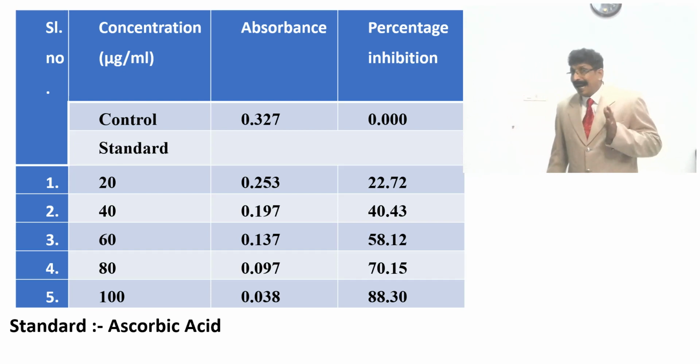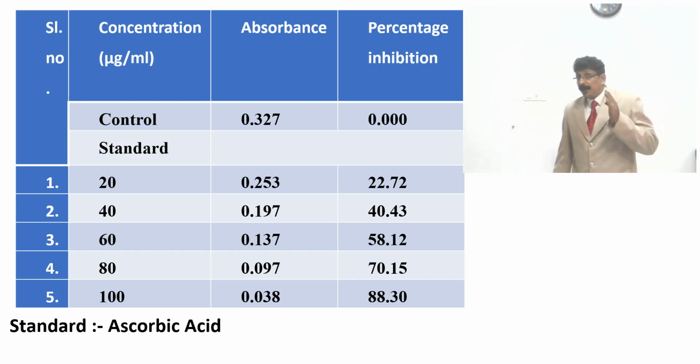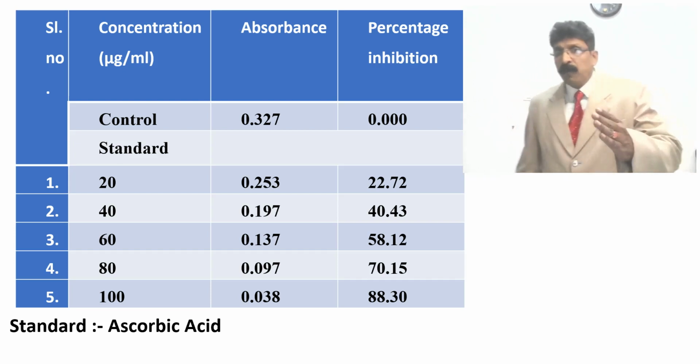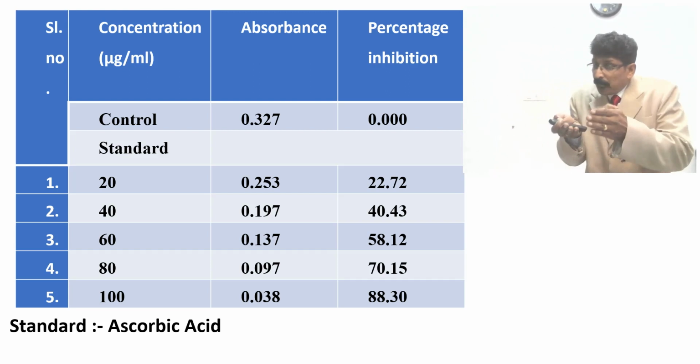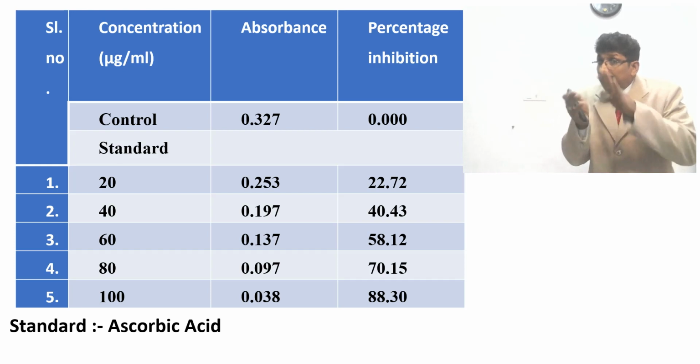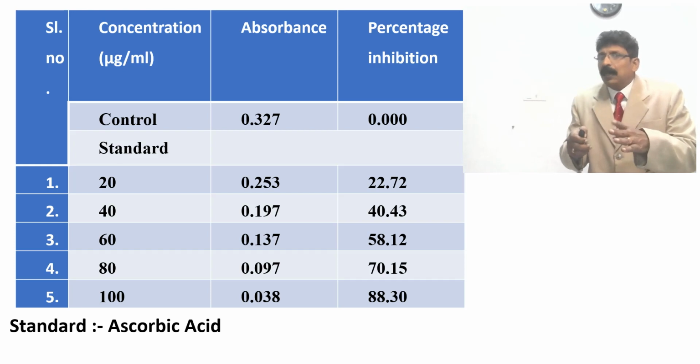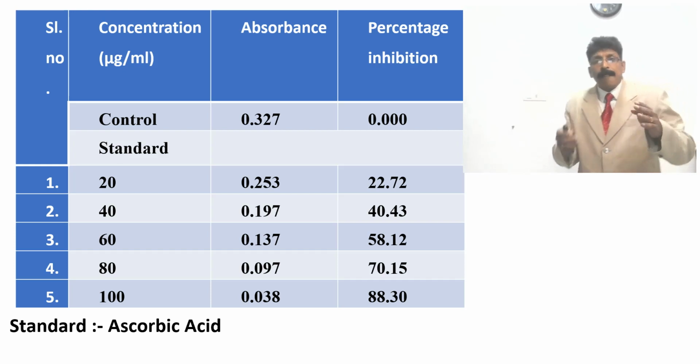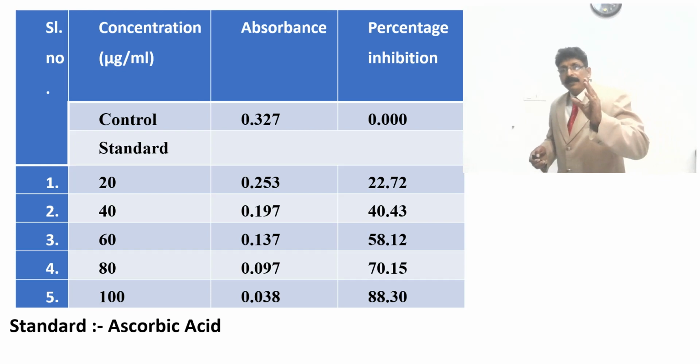Because of the antioxidant action of the ascorbic acid on the nitrite, scavenging and reducing the amount, so the intensity, the formation of the azo dye, has been reduced.